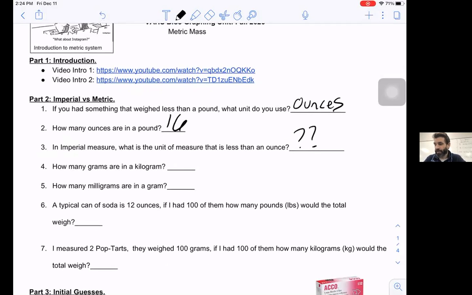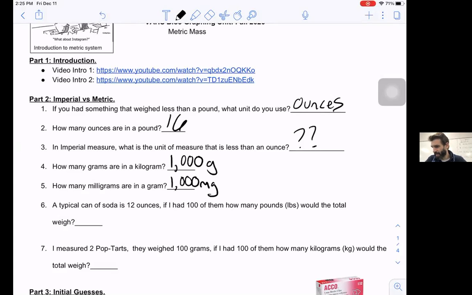So how many grams are in a kilogram? Well, kilo means 1,000. So I know there are 1,000 grams in 1 kilogram. How many milligrams are in a gram? So milli is 1/1000th. So there are 1,000 milligrams in 1 gram and 1,000 grams in a kilogram.